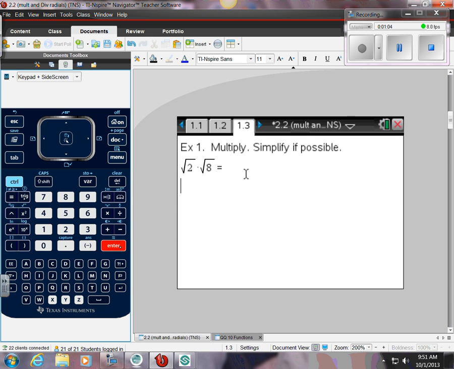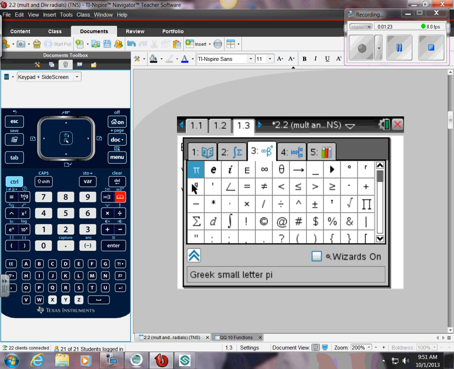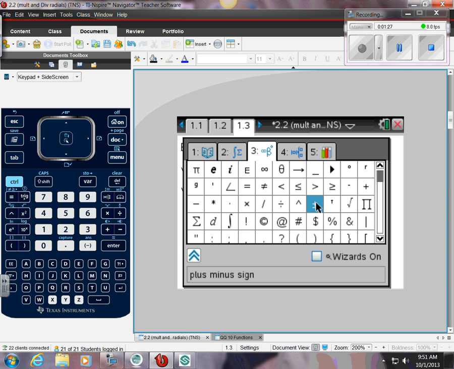So let's look at one now. Square root of 2 times square root of 8. What's it equal to? Square root of 16, good. What's the square root of 16? 4 and negative 4, okay? So it's plus and minus 4. So in your book, in tab 3, if you're using your calculator, your plus and minus is there.